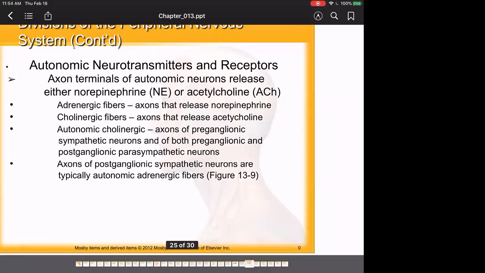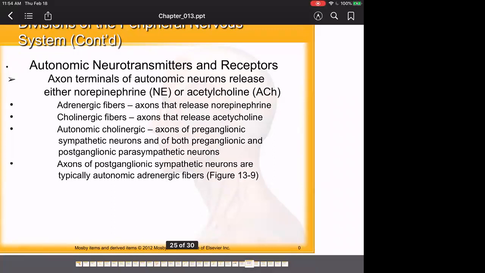I think we talked about the methyl groups, the CH3 groups, back in chemistry, maybe just briefly. But there is a difference between the two of them, norepinephrine and epinephrine. So the adrenergic fibers have the axons that release norepinephrine. The cholinergic fibers have the axons that release acetylcholine.